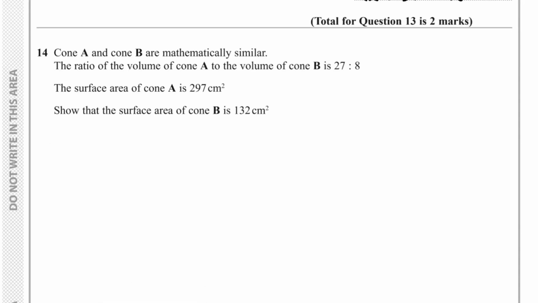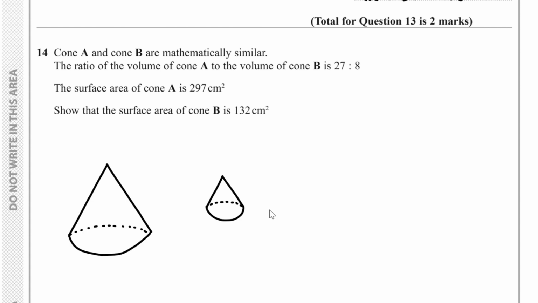Question number 14. Cone A and cone B are mathematically similar. The ratio of the volume of cone A to the volume of cone B is 27:8. The surface area of cone A is 297 centimeters squared, and we have to show that the surface area of cone B is 132 centimeters squared. So here we've got the cones.